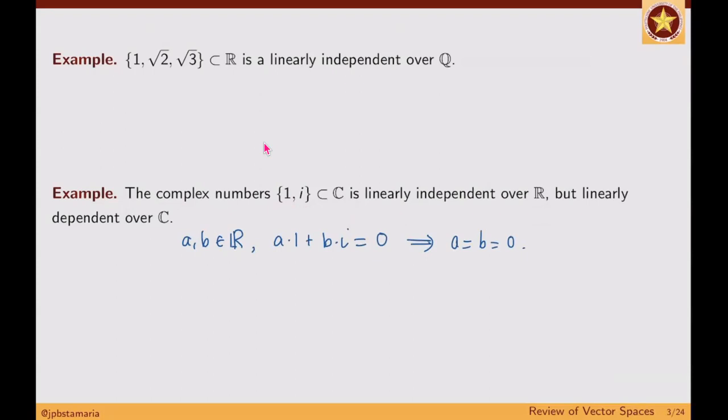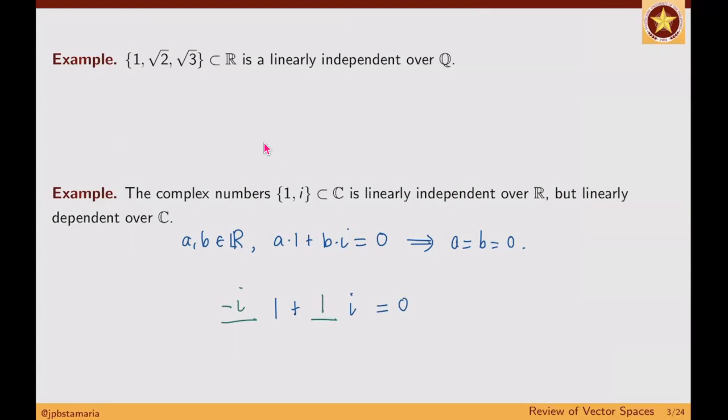Pero the same set, kanina independent siya over R. But it is linearly dependent over C. How does that happen? Kasi I can find a way for this sum to become 0 even without making these scalars 0. Paano? I can put a 1 here, then I can put a minus I over there.